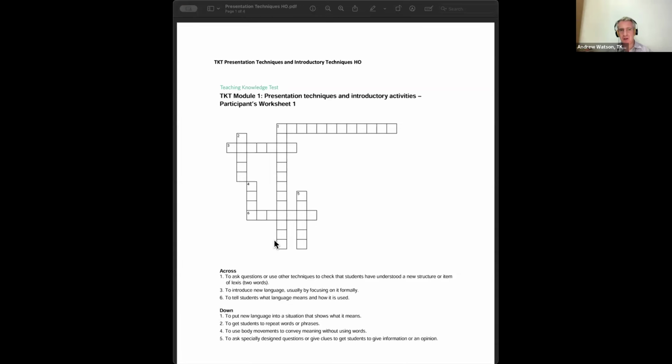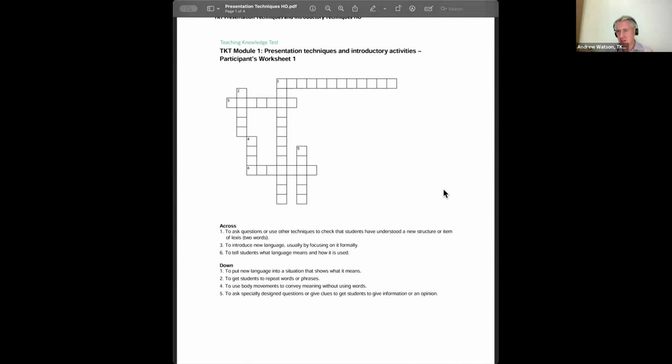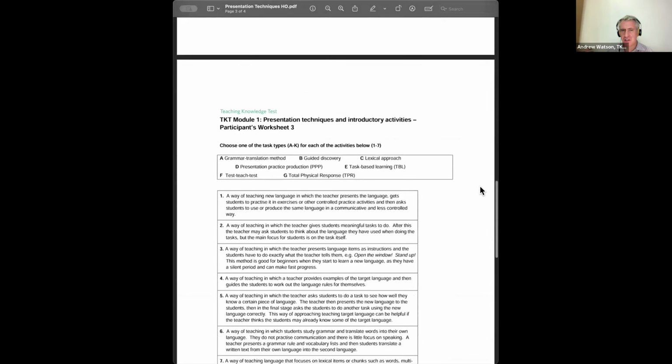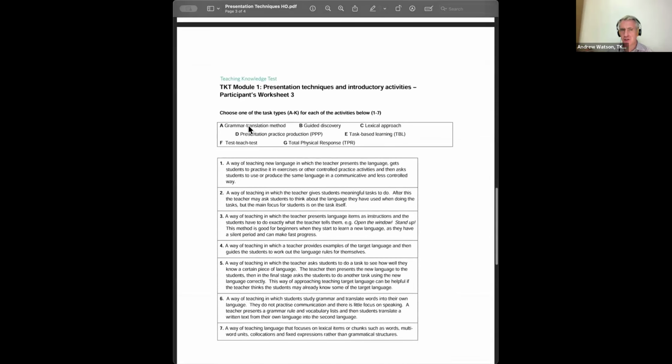The words in the puzzle are techniques that we use in different methods and approaches to presenting language. So we mentioned present, concept check, contextualize, mime, drill. So they're all associated with certain approaches to presenting language, right? I don't know if you know of any certain teaching approaches, but here are some mentioned at the top here.